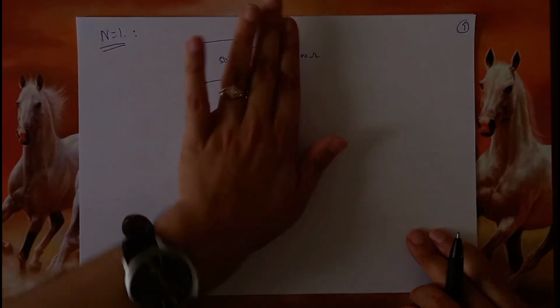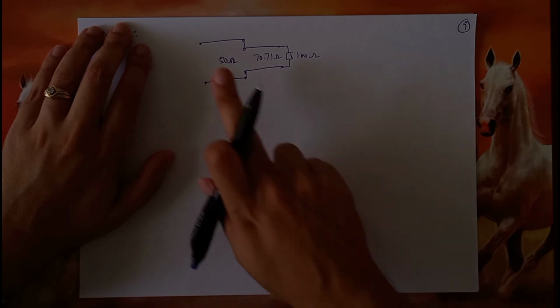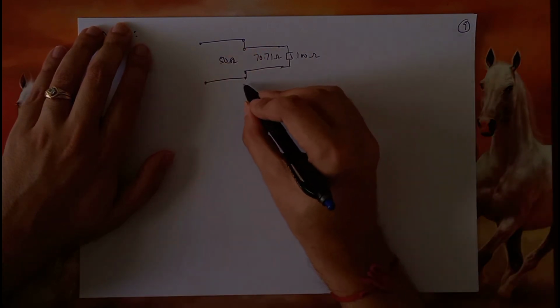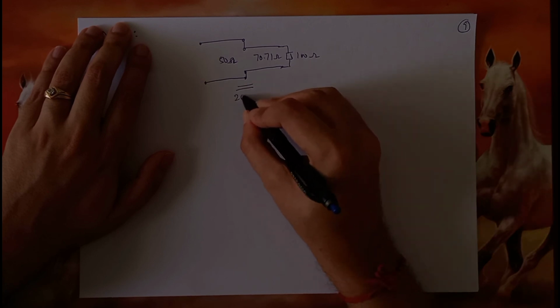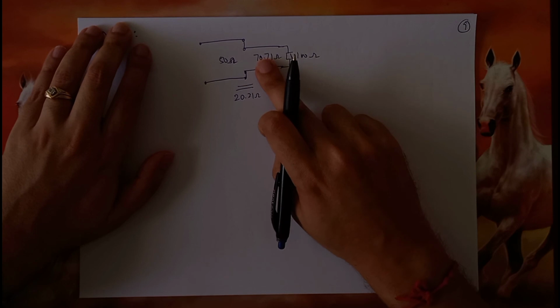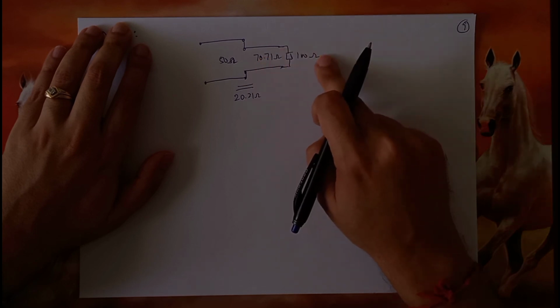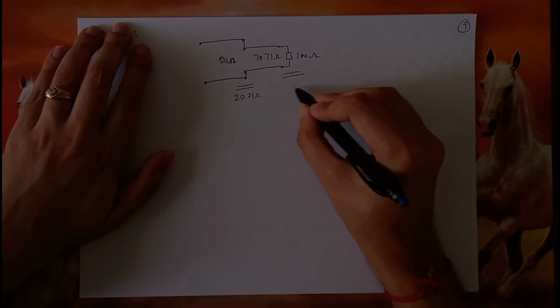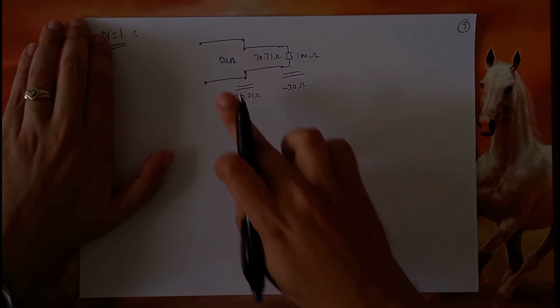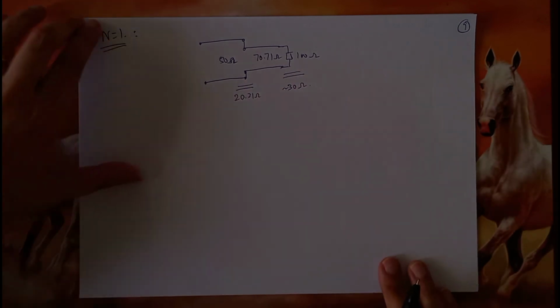You notice every discontinuity is like a step. Here we are at 50 ohms, then suddenly we are jumping to 70.71 ohm lines. So what's the difference? It's like 20.71 ohms. Then from 70.71 we are jumping onto 100. So this difference is almost 30 ohms. These two are quite big jumps.